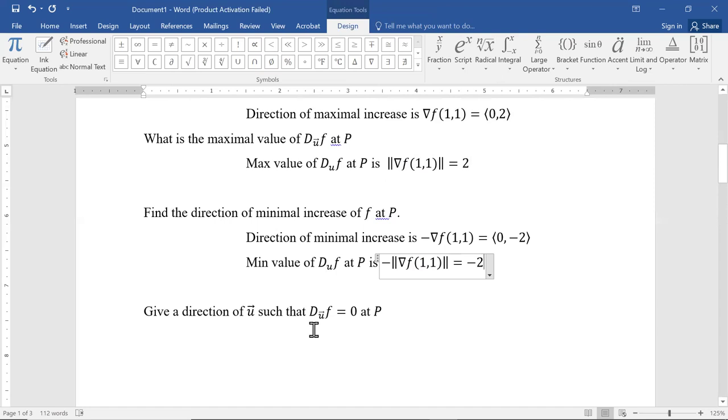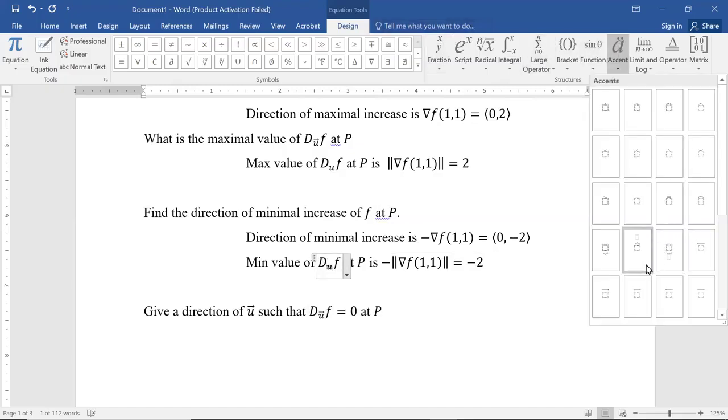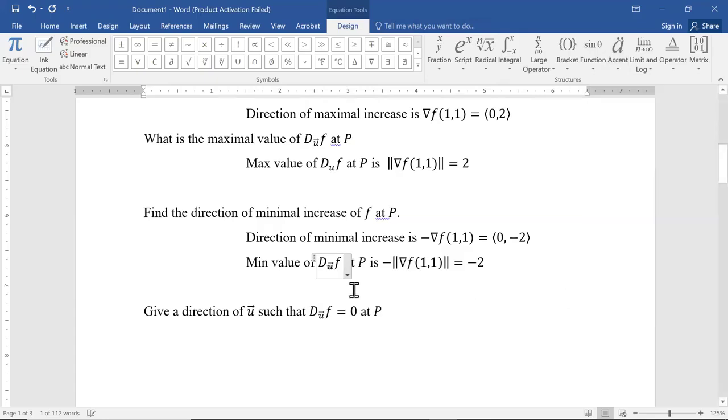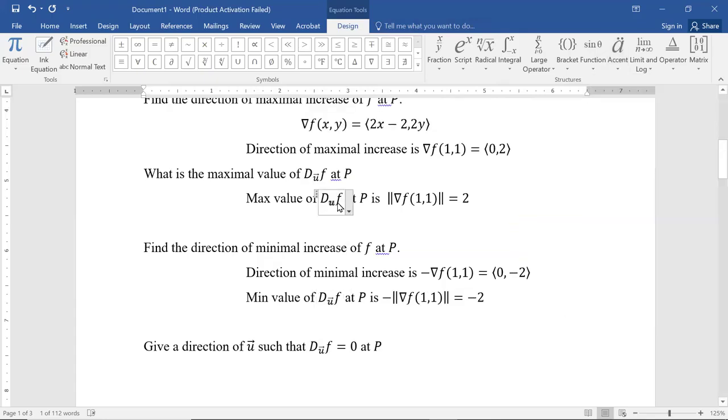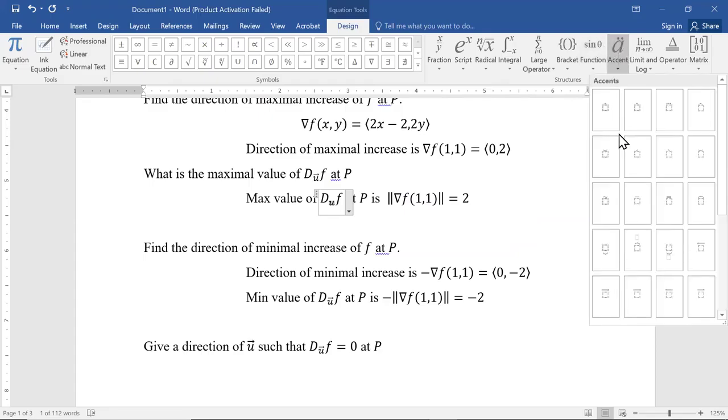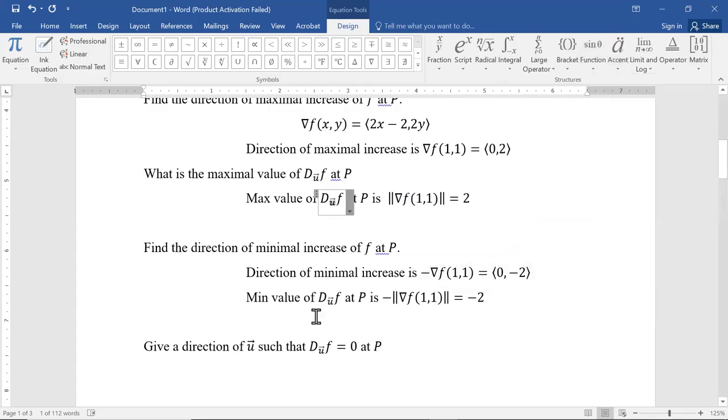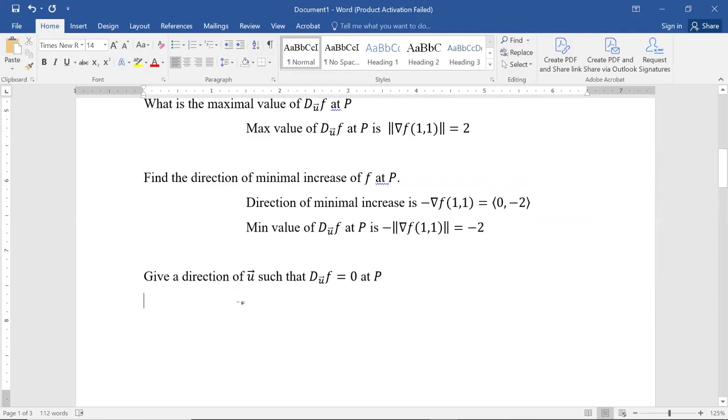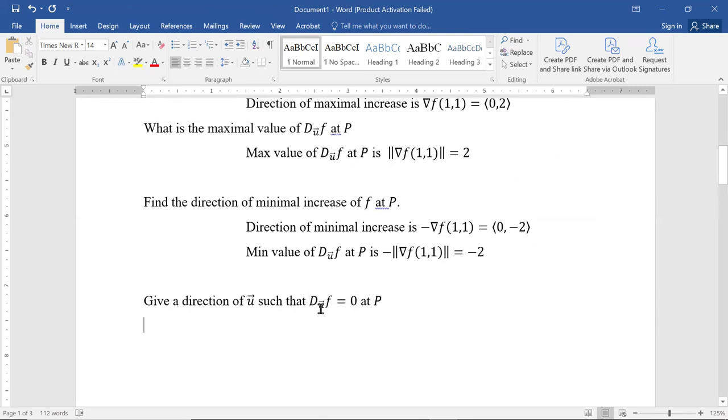Now let's give a direction such that, oh, I keep doing that. I keep saying "you." Hopefully you guys understand that we're talking about the vector u and not just a numerical value, but the vector u. If we want a direction such that there is no change in my function, what are we going to do?